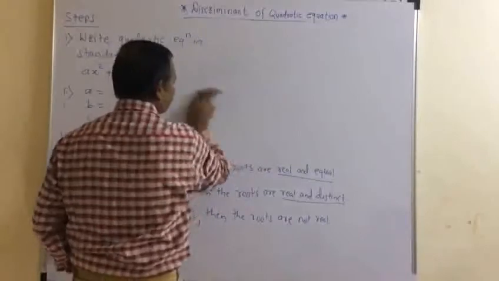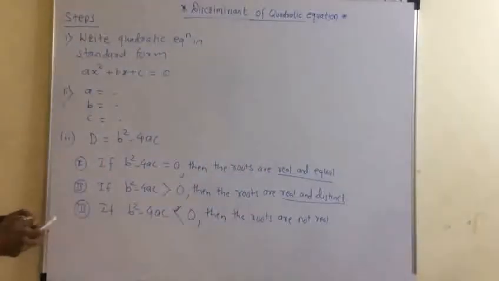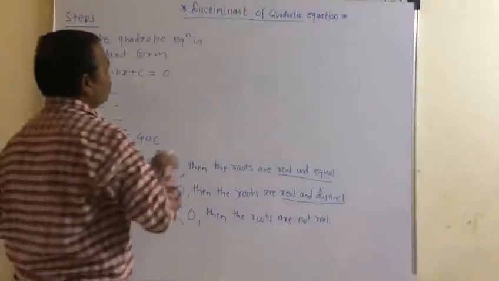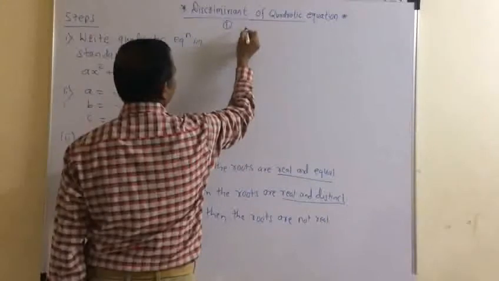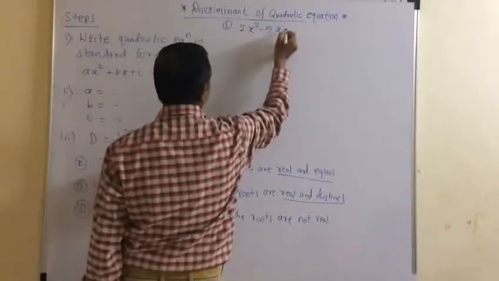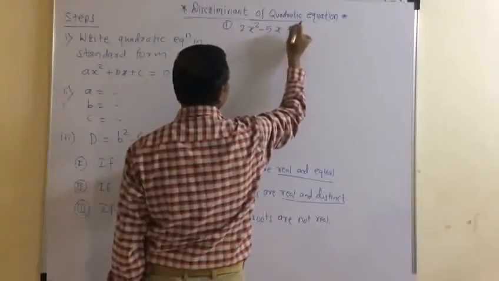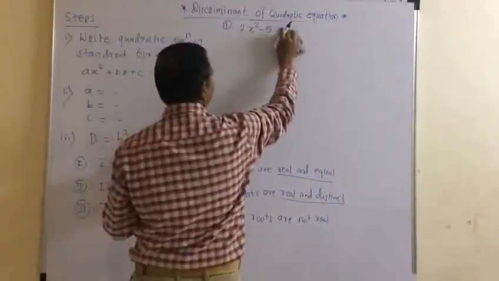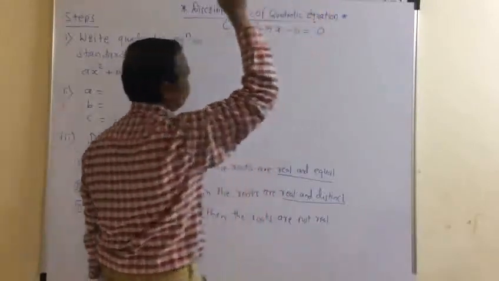For example, suppose we have 2x square minus 5x minus 6 equals 0.